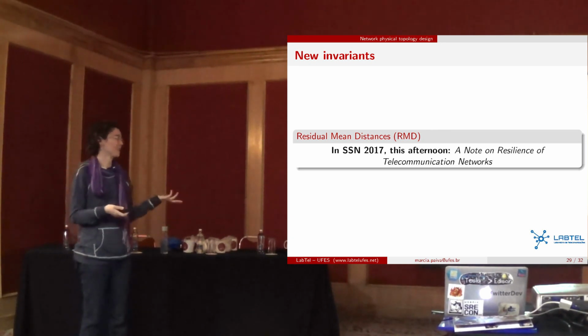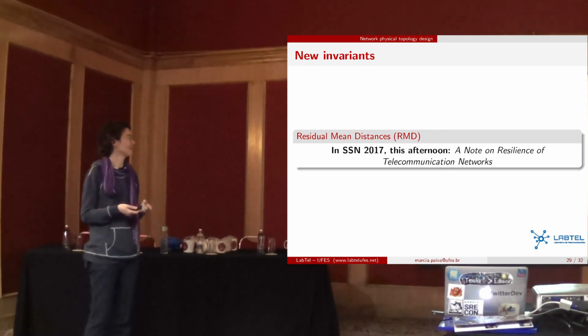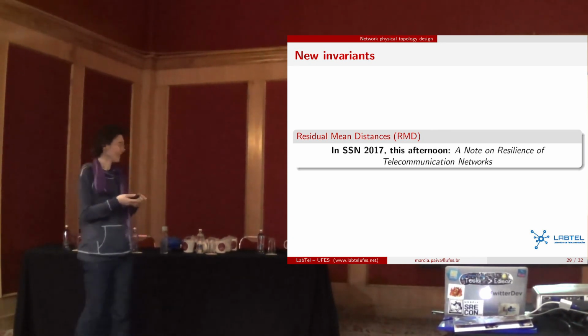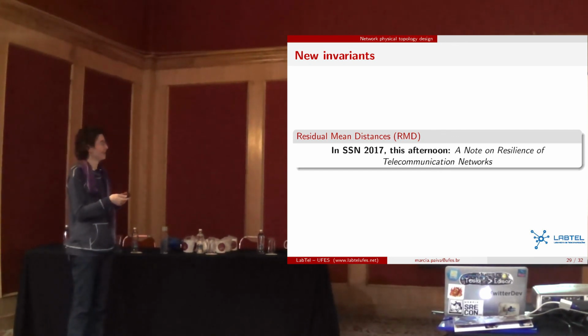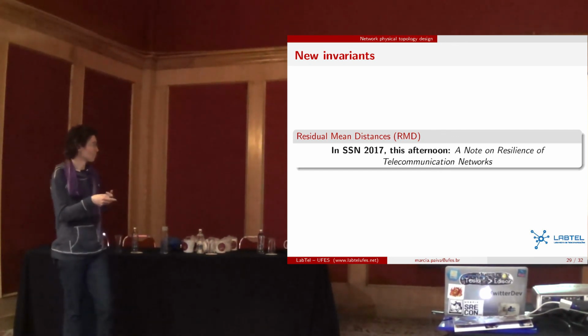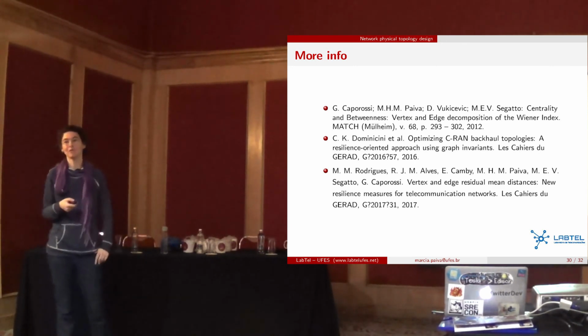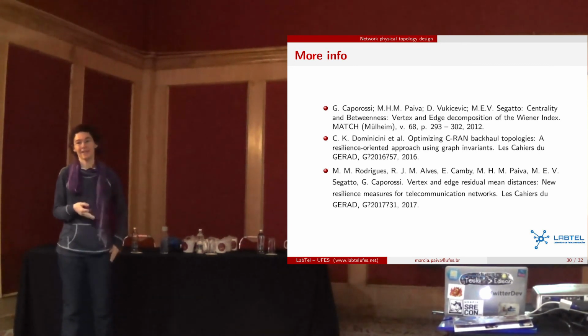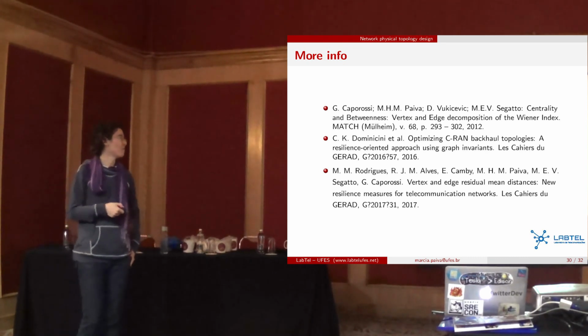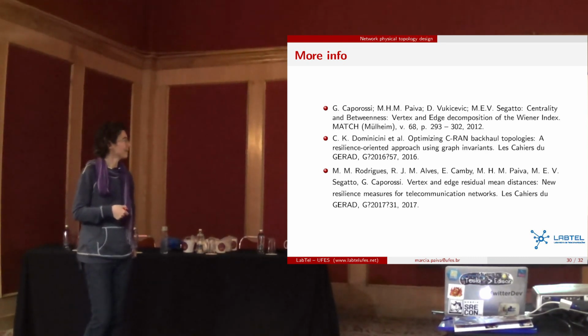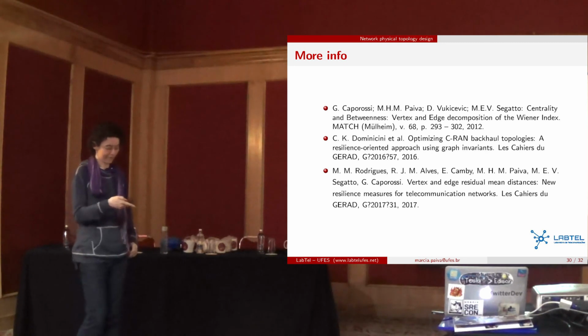For the residual mean distance, we do that for the average distance. I will talk about that this afternoon. To know more about the node-link impact, the link index and the residual mean distance, I put here the references of our works.